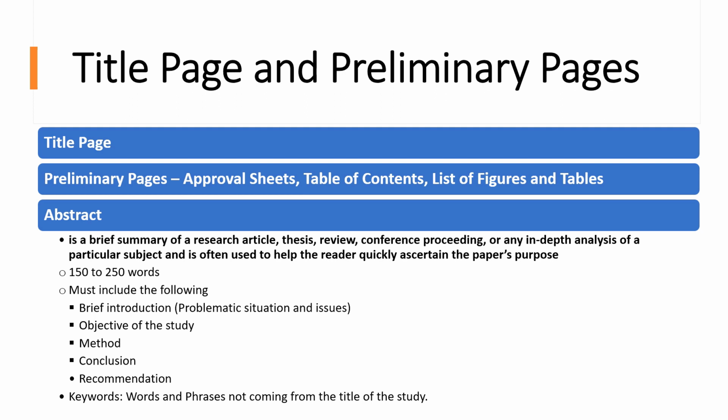That is why keywords are words and phrases not coming from your title, because if the keywords come from your title, it is redundant, since the title itself is also a keyword.